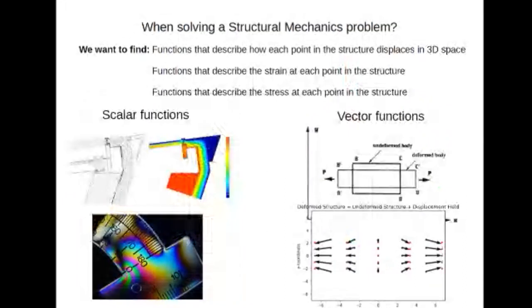Okay. All right, so essentially, when we solve a structural mechanics problem, we want to be able to find functions that describe how each point in the structure displaces in 3D. That's the displacement field. If I know how every point in the structure displaces, hopefully from what we've done now with the beams and the bar examples, you're comfortable that if you have the displacement field of the structure, you can work backwards to find the slopes or the moments and the shear forces, or as we'll see, the strains and the stresses in the structure.